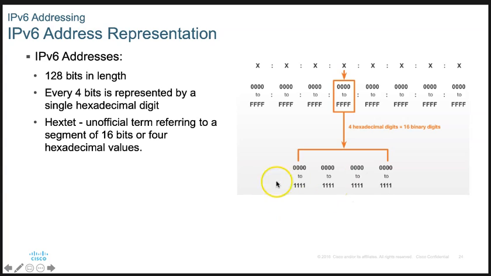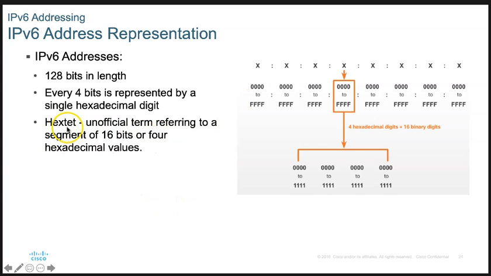In IPv6, we don't use the word octet. IPv6 is 128 bits, and every 4 bits is represented by a single hexadecimal digit, known as a nibble. So instead of this 0, really they're 4 zeros, 0 0 0 0. Four digits times 4 bits is 16 bits.